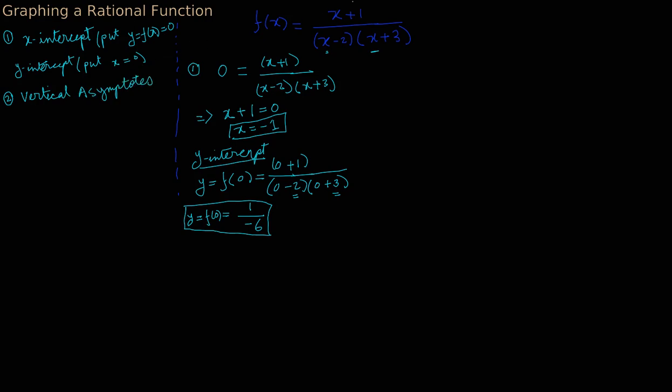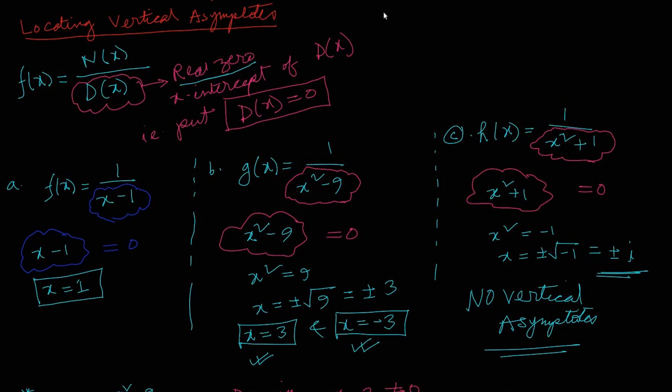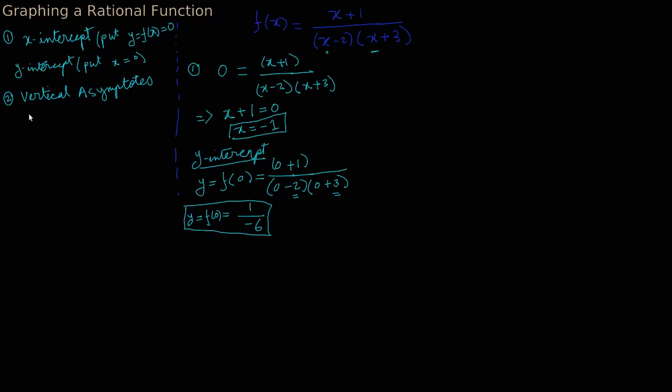Just to remind you, as we did in the previous videos, to find the vertical asymptote we equate the denominator equal to 0 and find the solution. So in this case also, we need to equate the denominator equal to 0.